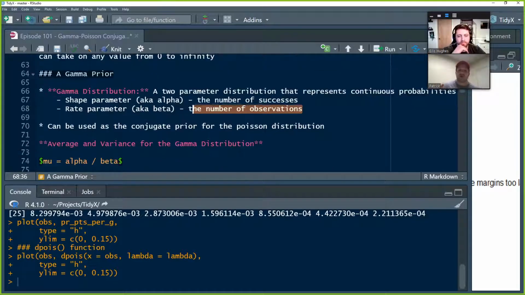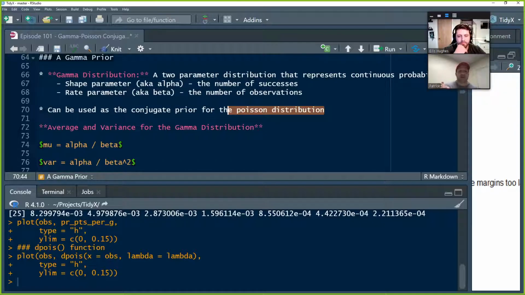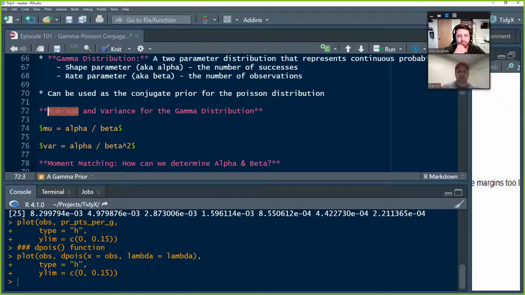And this distribution can be used as a conjugate prior for the Poisson distribution. And the way in which we can determine the mean and the variance for the gamma distribution using those alpha and beta parameters is as such. These are the 2 little equations, and we're going to use those down below as we update our knowledge about Hannah based on the 5 observations given what we know about our population.